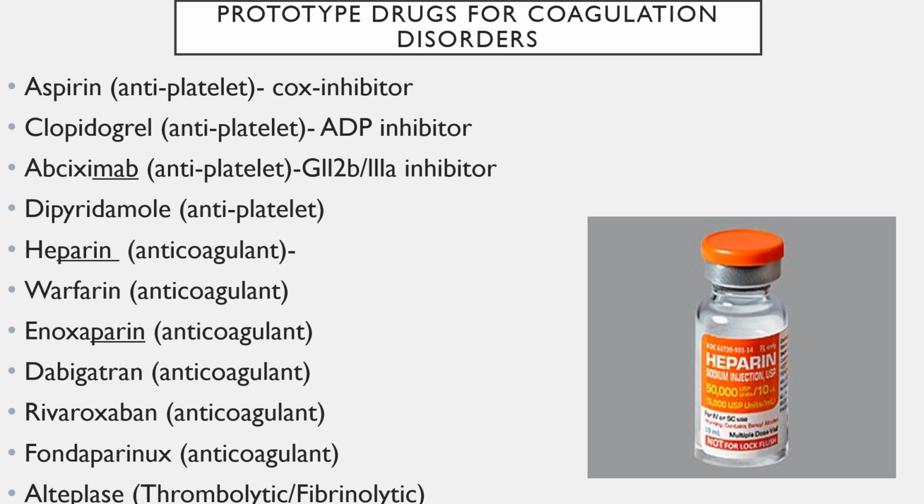So you'll see in this slide that the first four drugs, the first two being by far the most important, aspirin and clopidogrel, what do? They inhibit the platelets from working. They block a certain part of the platelet and they make them much less sticky. They don't aggregate together to form a platelet plug.